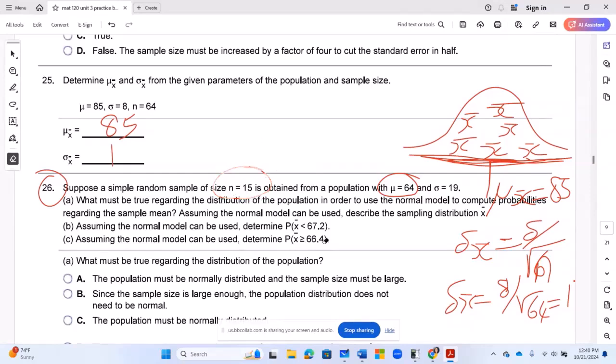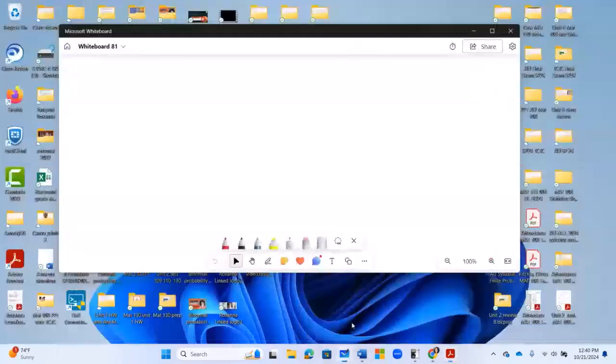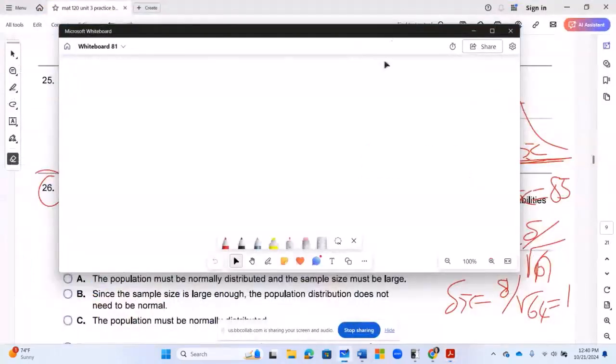Okay, and actually I can use my whiteboard. So now I'm going to use my whiteboard.